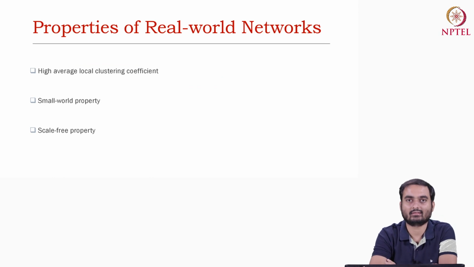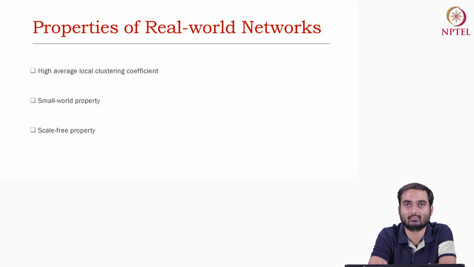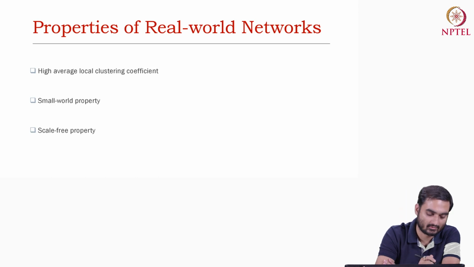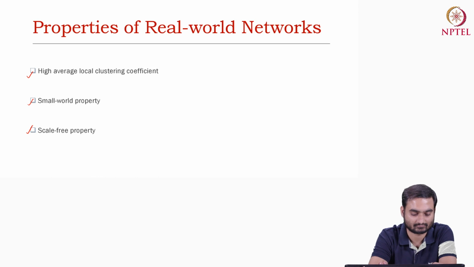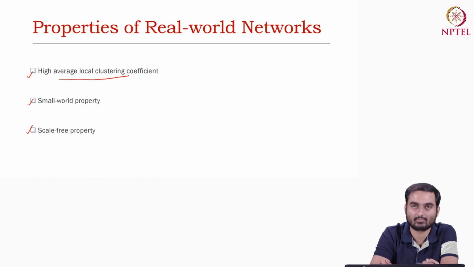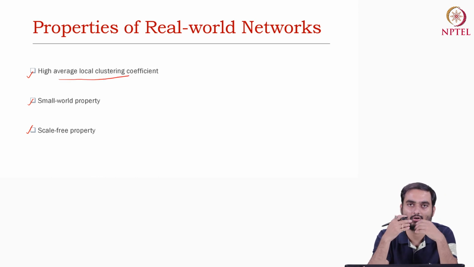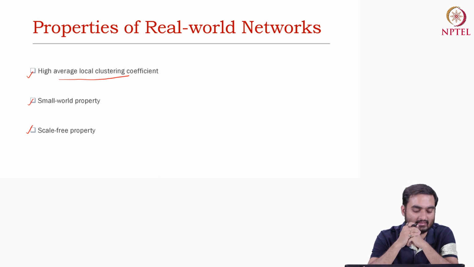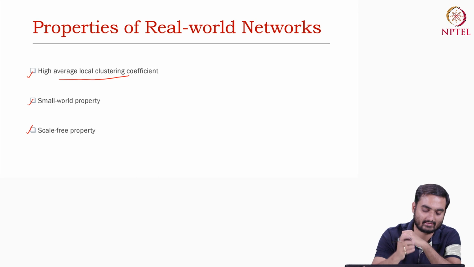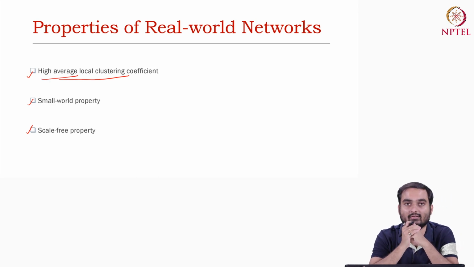So when we say that the synthetic network mimics real world properties, what are the real world properties that we generally look at? We generally look at these three types. So basically people studied a lot of such real networks, and they realized that all these real networks exhibit a high average local clustering coefficient.